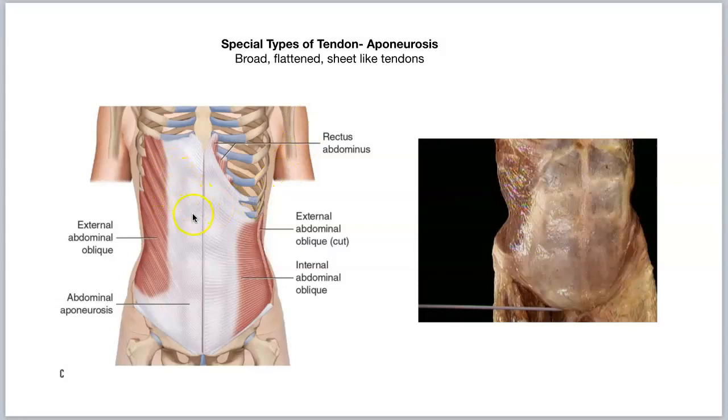The biggest ones are going to be the abdominal aponeurosis. So when we get to the abdominal muscles, you're going to be seeing this broad, flattened sheet-like tendon called aponeurosis. Here it is on the cadaver. This is strong stuff.